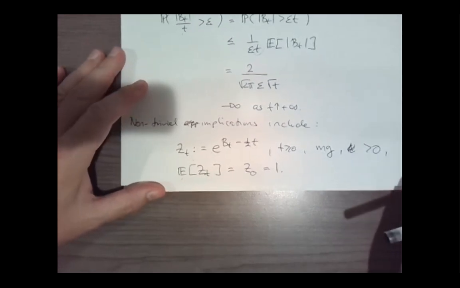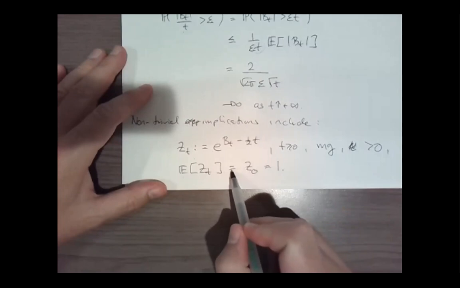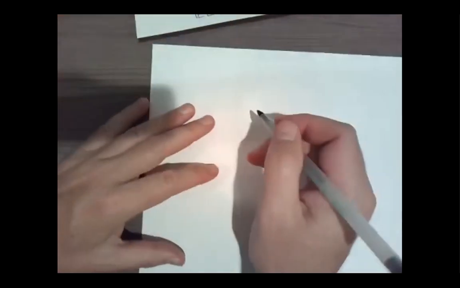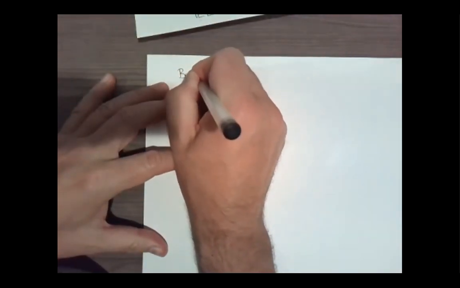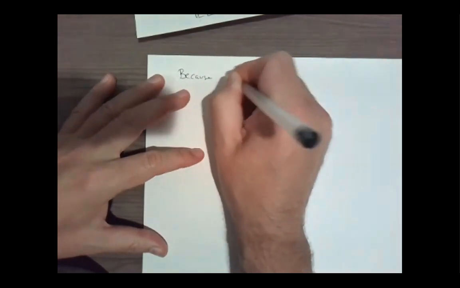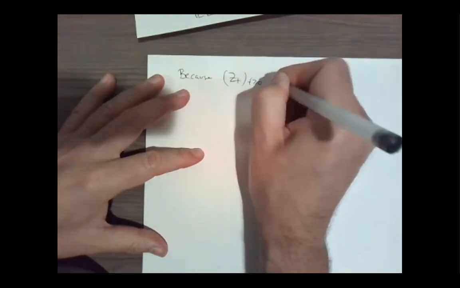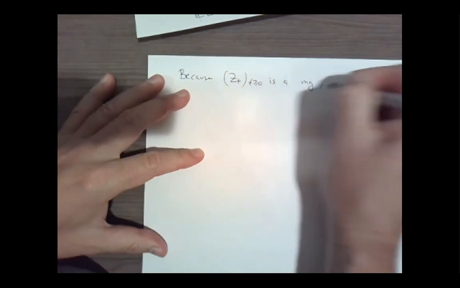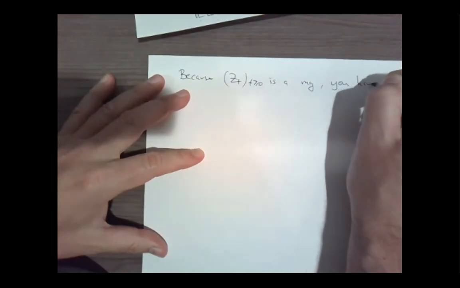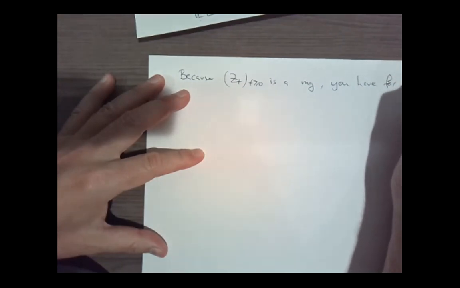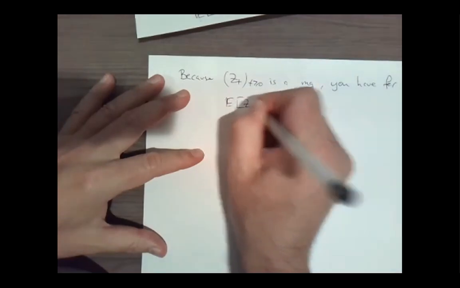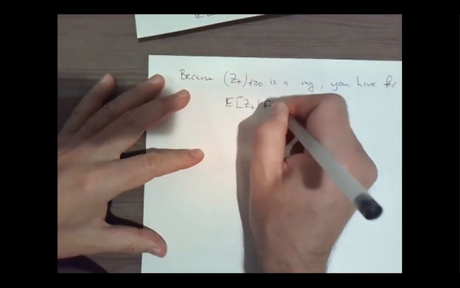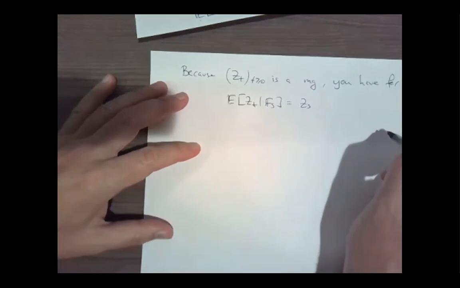But why is it equal to Z_0? Because Z_t is a martingale, for t bigger than s you have the conditional expectation of Z_t given F_s is equal to Z_s.